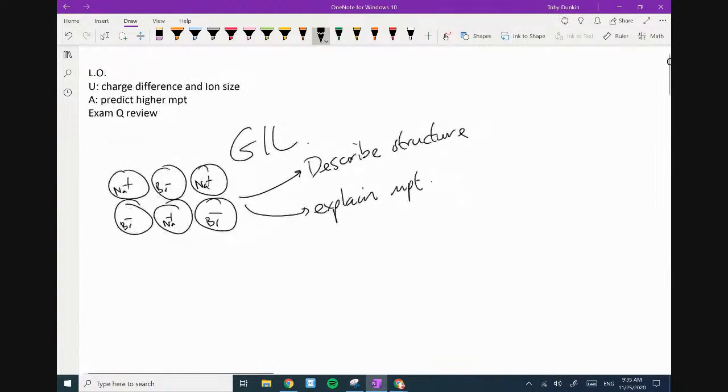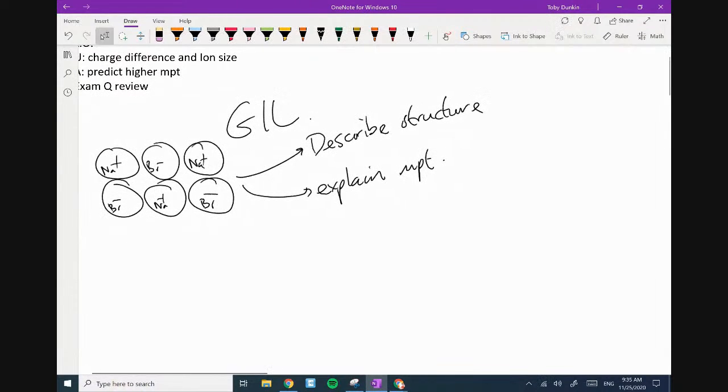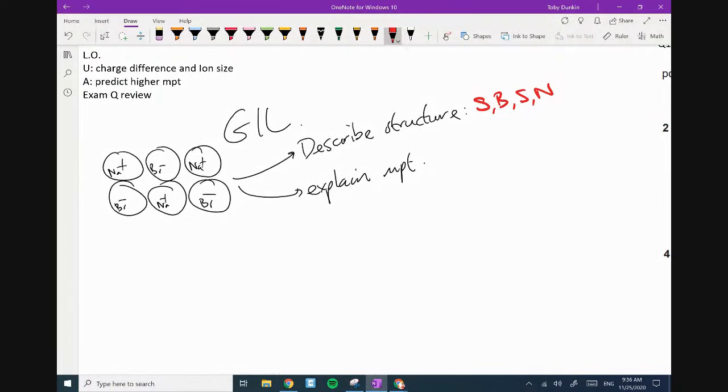And what we realized is that both of these things actually rely on the same process. For describing structure, we run structure, bonds, strength, and number. We don't bother talking about energy. You don't actually need the strength either, really, in that particular scenario, but it's nice to include it. It's nice to just have a good routine.